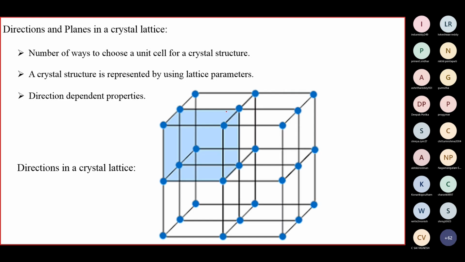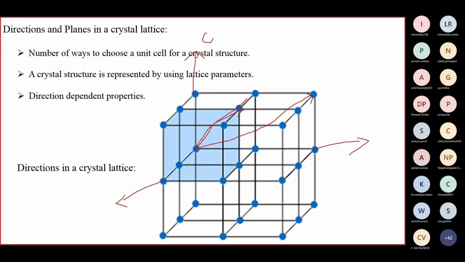Directions in a crystal lattice. Let's say this is a crystal lattice. This is one direction, let's say along A. This is another direction along axis B. This is another direction along axis C. There are also other directions. Look here. This is a different direction. This is a different direction.